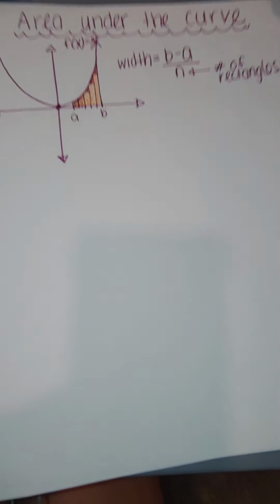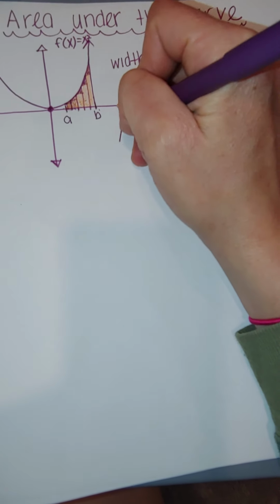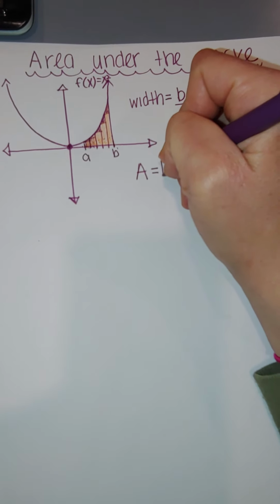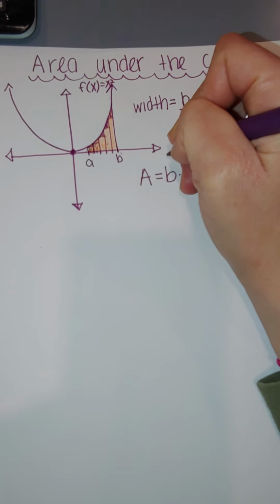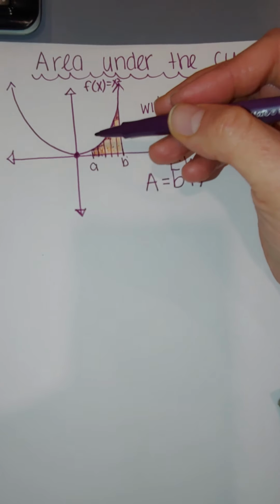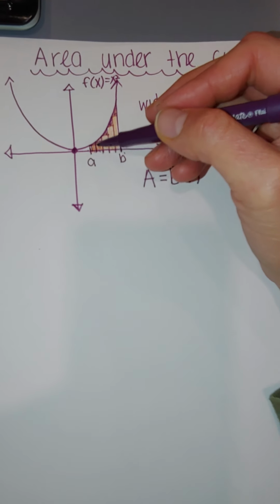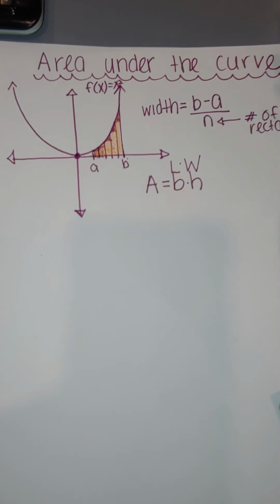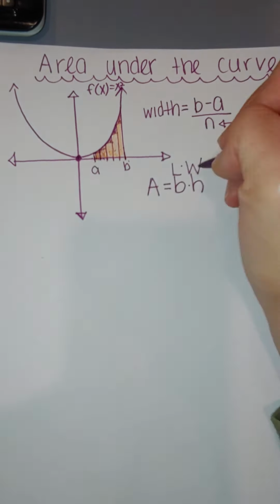All right, so traditionally, we would find our area by doing base times height or length times width. So if I wanted to find the area of one of these rectangles, I would need to know the base and the height. All right, so I'm going to name the width or the base of the rectangle to be this b minus a over n.